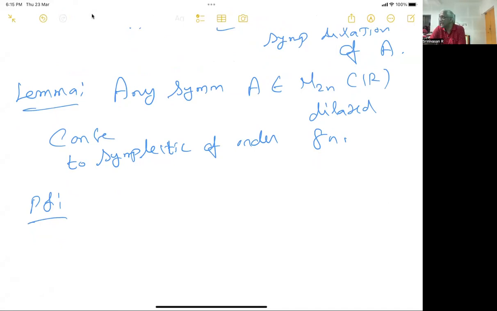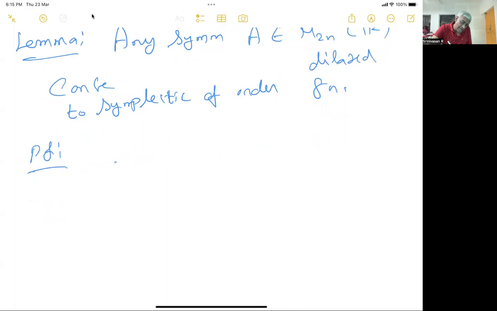If you have any A, then A looks like U diagonal, lambda 1 up to lambda n, U transpose. Taking the positive eigenvalues and applying U, you get one A1, which is positive. The negative eigenvalues give the minus of that, which will be another positive. The difference will be there.